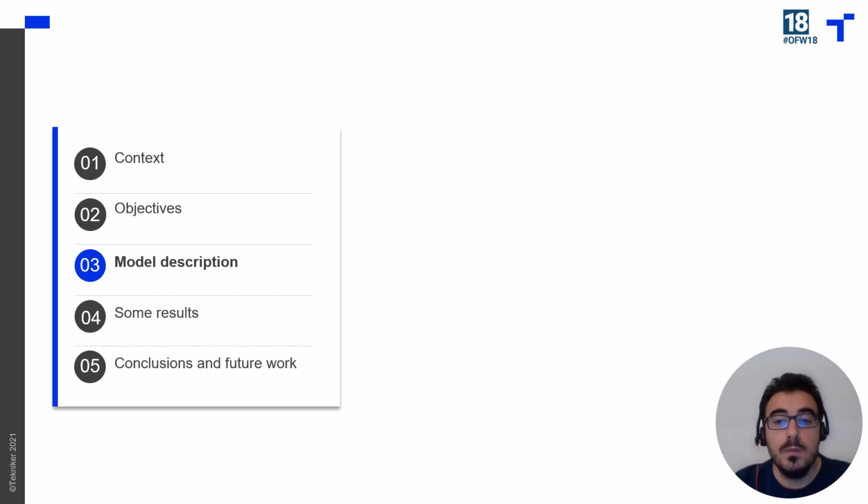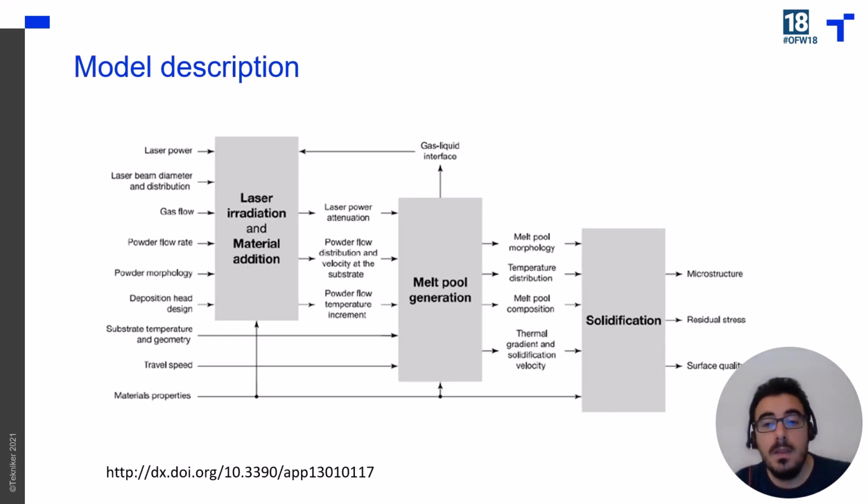We now move on to the description of the modeling workflow. LMD is quite a complex process in terms of physics. There are a lot of things going on. So it is common practice to divide it into different blocks, depending on the focus of your research. It's normally divided into 3 blocks. The first block deals with laser irradiation and material addition.